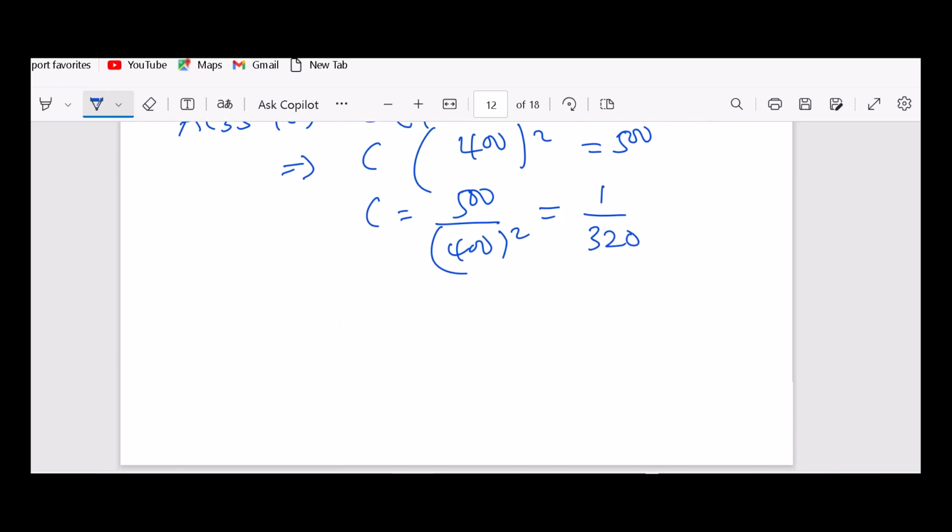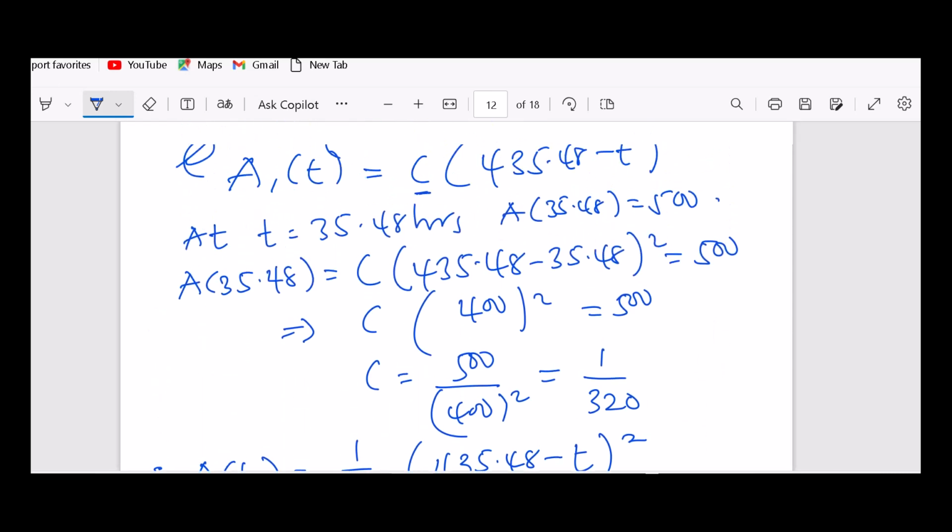Okay, so therefore we'll have A of t for the second part equal to 1 over 320 into brackets 435.48 minus t all squared. So this is the model for the second part.